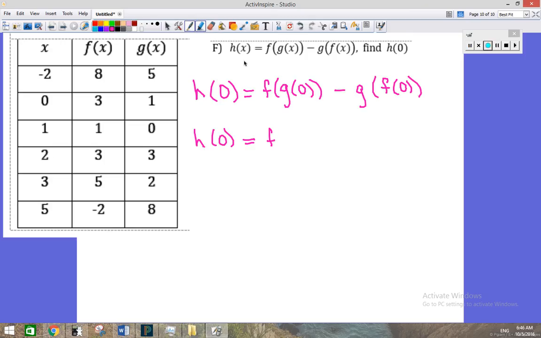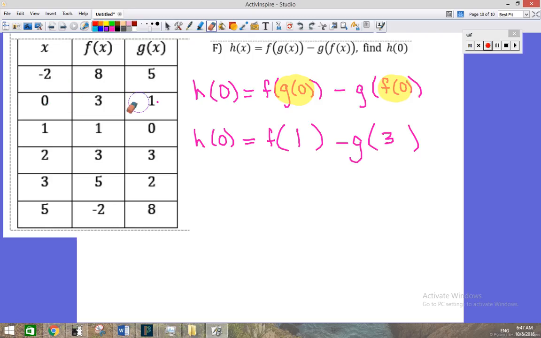We need to replace g at 0 with a number. So when x is 0, g is 1. We also need to replace f at 0 with a number. So when x is 0, f is 3.